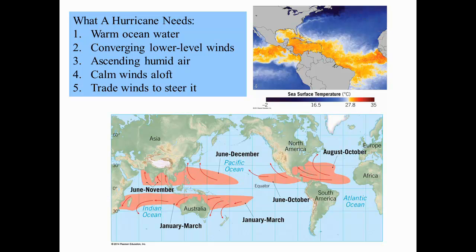And as a result, tropical storms do not tend to form right along the equator. The upper right-hand figure shows the area of warm surface waters. These are the conditions that are most favorable to the formation of tropical storms and hurricanes.